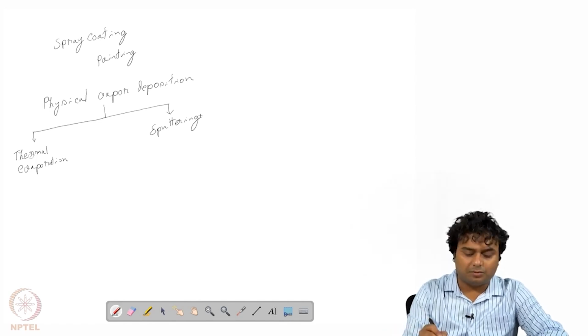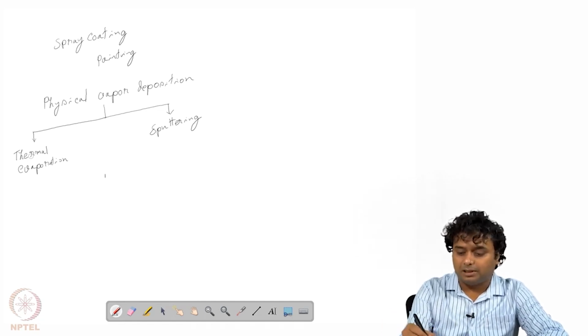So what is thermal evaporation? In this technique we have the material in some bead form and then we heat the material to evaporate it, so that the vapor or the evaporated material gets deposited on the sample. For that we use this kind of setup.